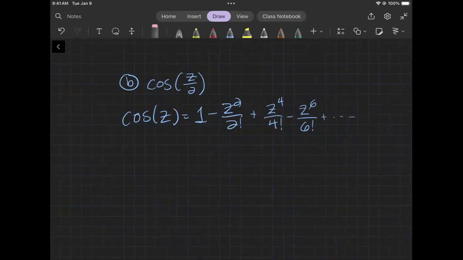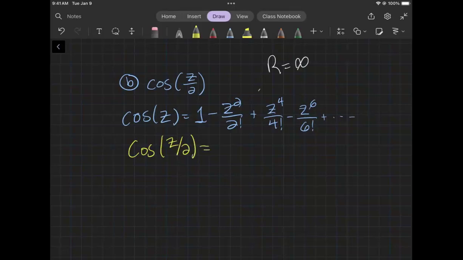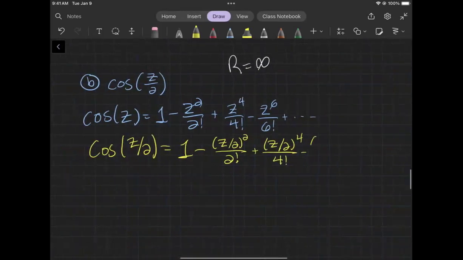So this Maclaurin series will converge for every complex number, so the radius of convergence is infinity.